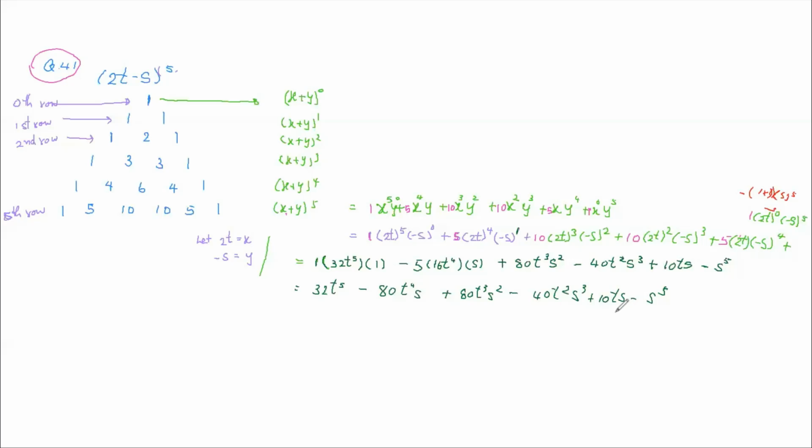Yes, s power should be, this one should be power 4 here. Sorry, here. Okay, this one power 4. And this one power 4. So s power 5, 4, s power 3, power 2, power 1, and s power 0 is a 1. Okay, I think this is the final answer.